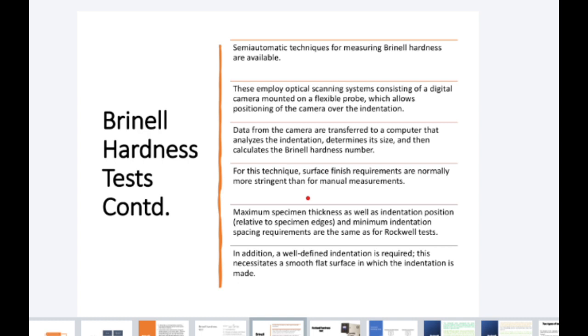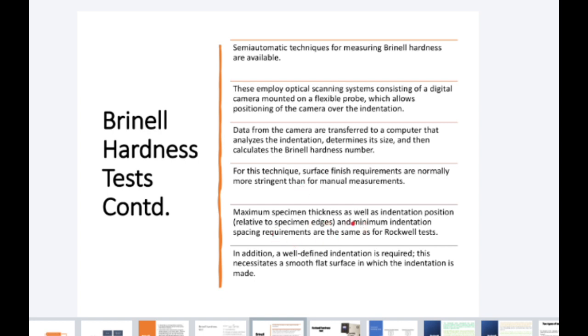So what we do, we fix the specimen in some region where there was less scratching. That's why we make a dent in that area. But once you are doing it with the semi-automatic or automatic machine, the surface of the specimen should be properly polished, right? Because in that case, you are not deciding where to dent. The machine is deciding where to dent. So that's why we need more surface finish as compared to the manual measurement.